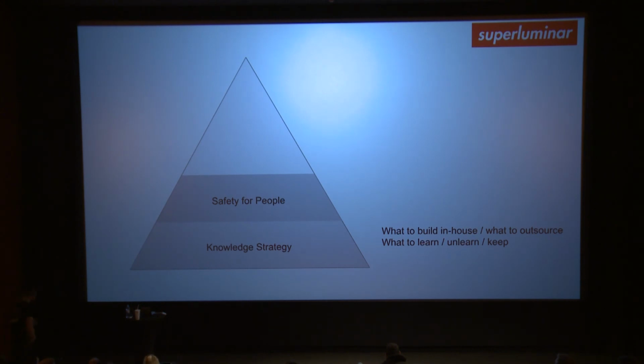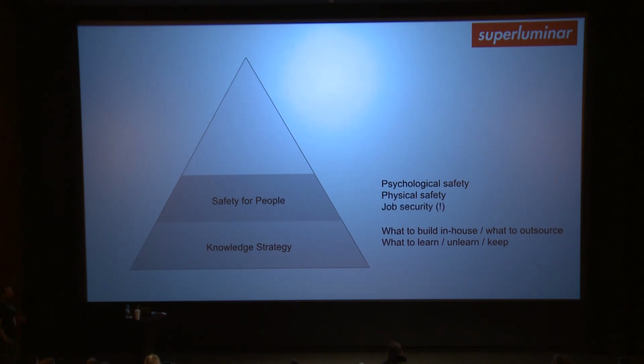The next thing we need, in order to have successful unlearning in organizations, is safety for people. First we need psychological safety, then we need physical safety also, because as developers we usually don't get injured when doing our jobs, but it might also happen.